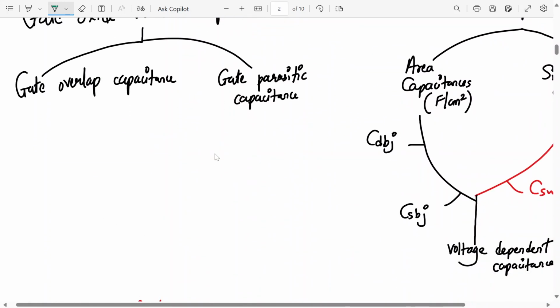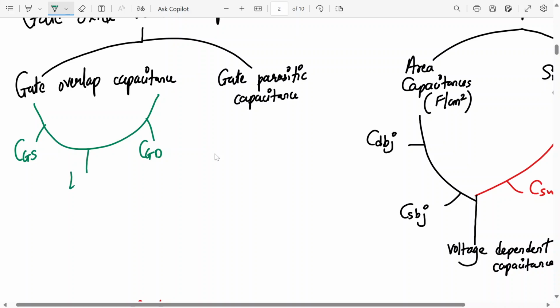Gate overlap capacitances are of two types: CGS, which is gate to source overlap capacitance, and CGD. Remember, we have written them in capital letters.